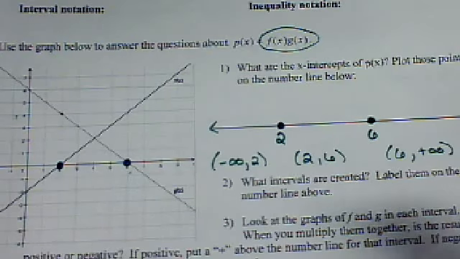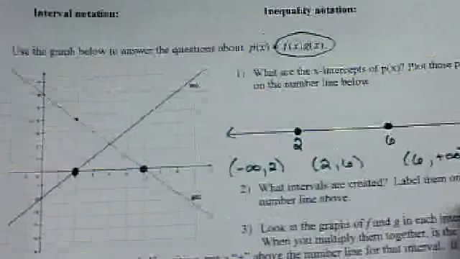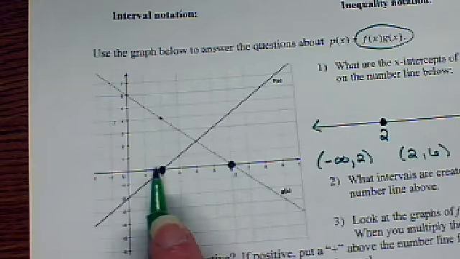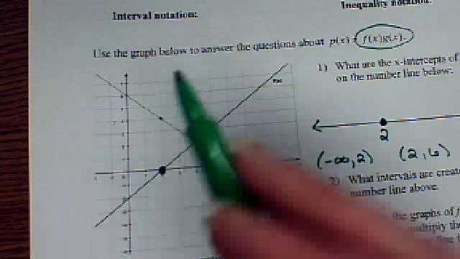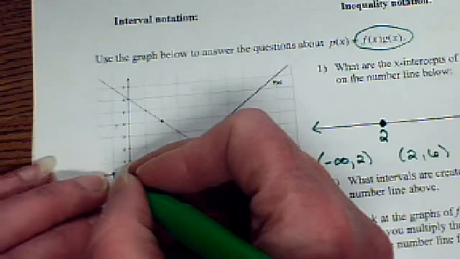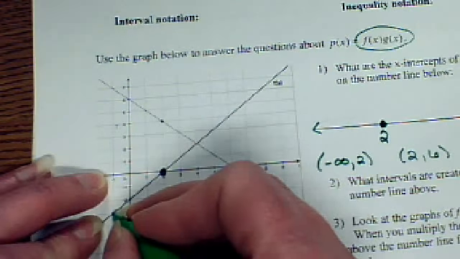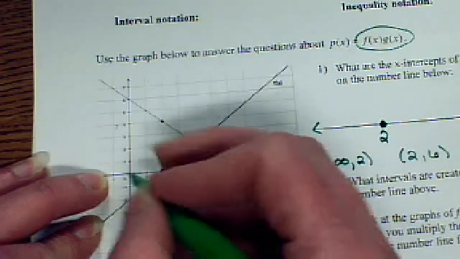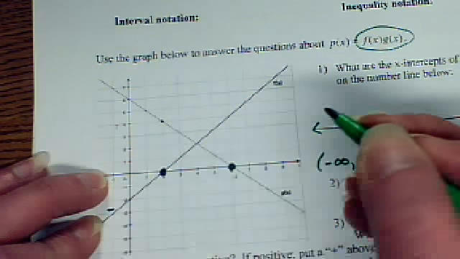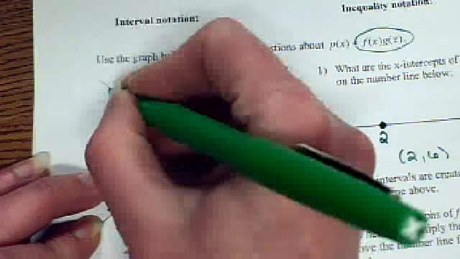What we're going to do is think about what is happening to our signs in each interval. So using the graph, when I look at the interval between negative infinity and 2, if I picked, let's just say, negative 1 for my x value, and I was making a table, f of x would have a y value of negative 3. It's a negative number down here. Up here, the y value would be positive.